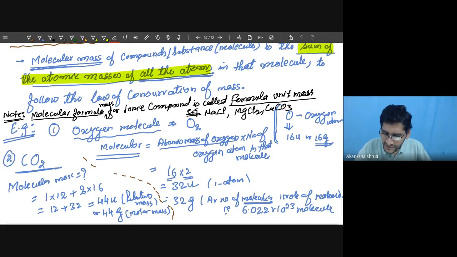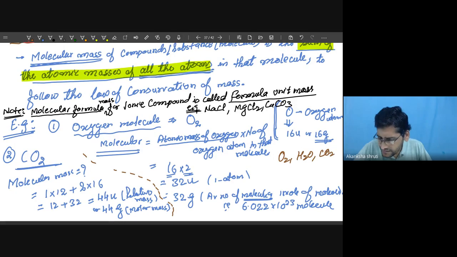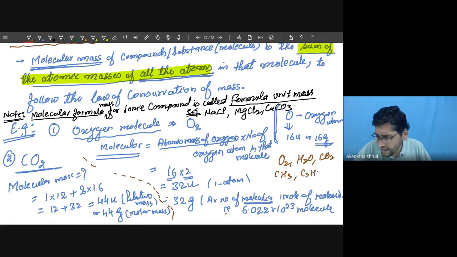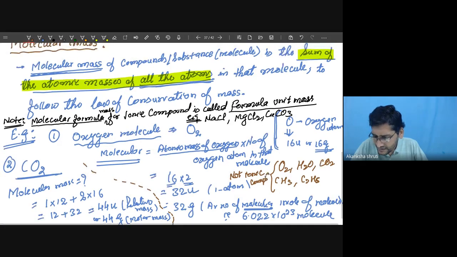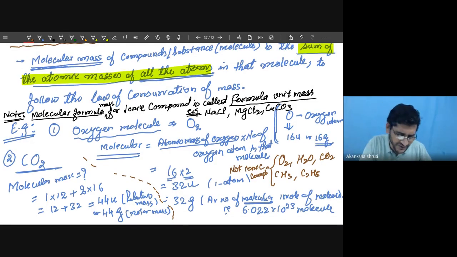In this category, like O2, H2O, CO2, CH4, C2H5, C2H6, let me write, these are not ionic compounds. It means they are not formed by combining positive and negative ions, though the valency is satisfied here.